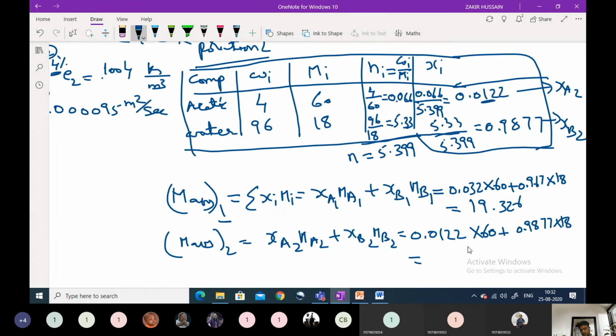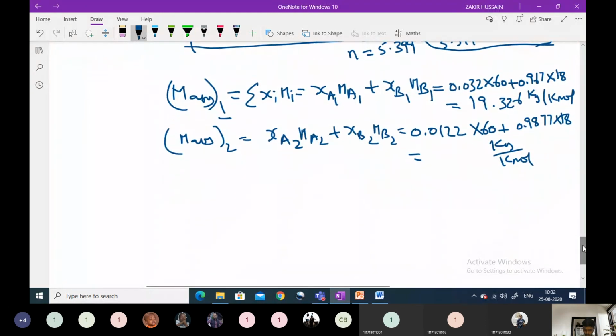The average molecular weight units will be kg per kilomole. This is M average 2, which is 18.51.